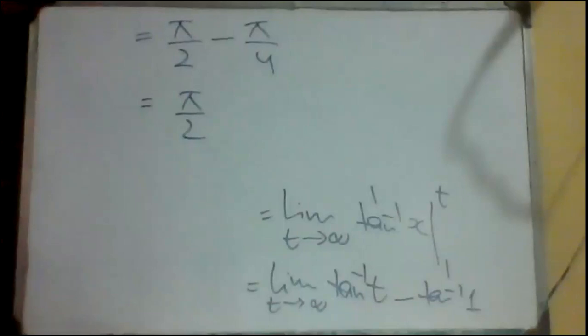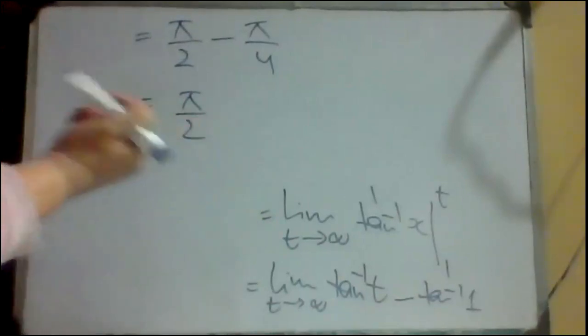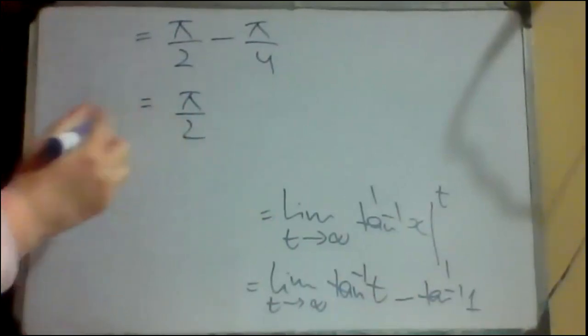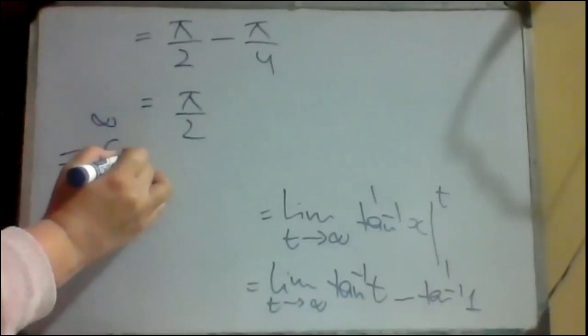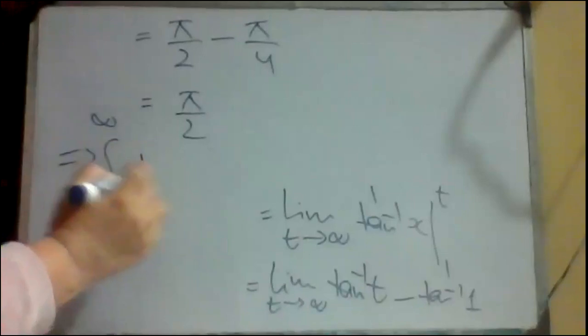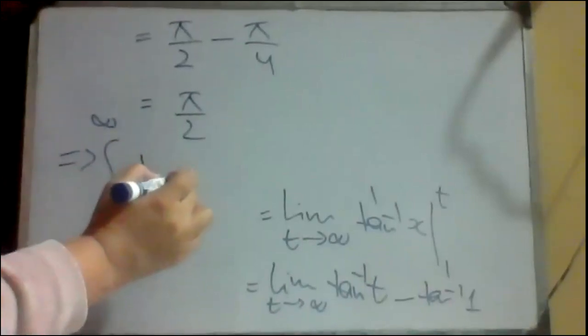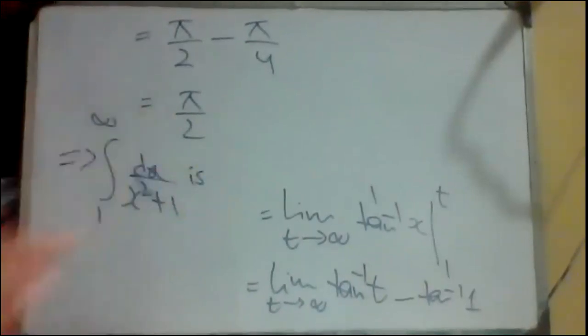So my improper integral is a finite number. This implies that the integral from 1 to infinity of f of x, or 1 over x squared plus 1 dx, is convergent.